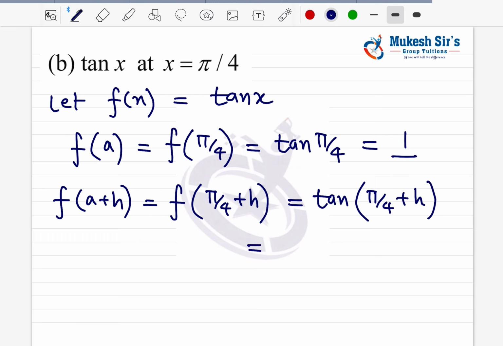Now everyone knows tan of pi by 4 plus h. What is tan of pi by 4 plus h? It is 1 plus tan h upon 1 minus tan h. Tan of pi by 4 plus theta is equal to 1 plus tan theta upon 1 minus tan theta. Right?